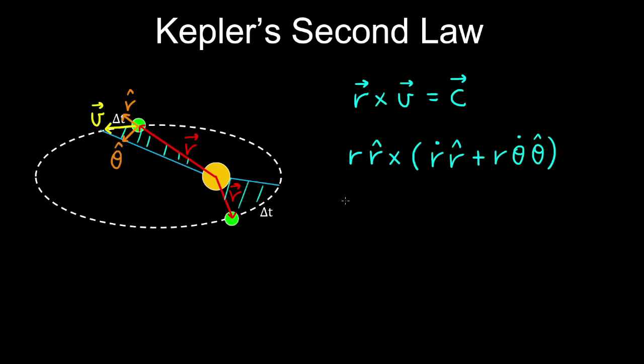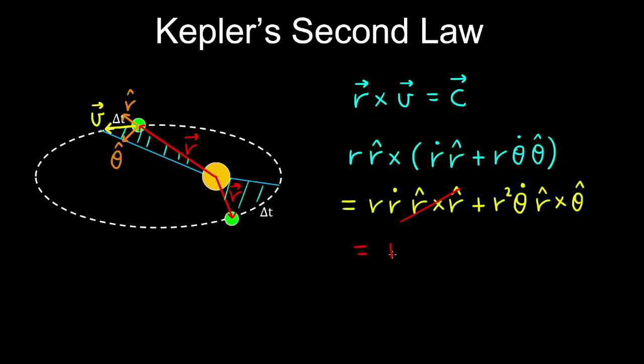So evaluating the cross product, we get r by r dot by the cross product between a radial unit vector and itself, plus r by r theta dot, well, the cross product between r hat and theta hat. So this term is 0 because the radial vector is parallel to itself.